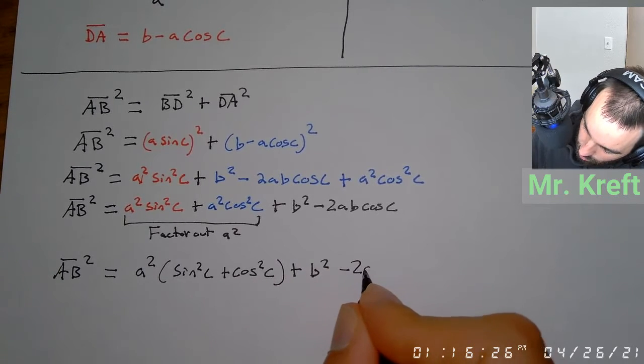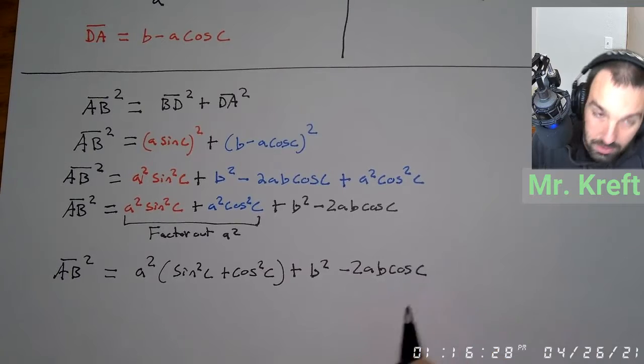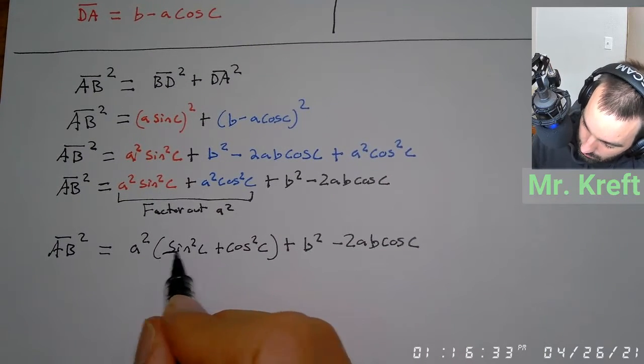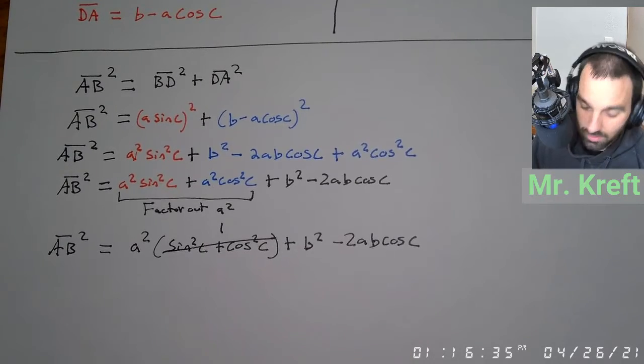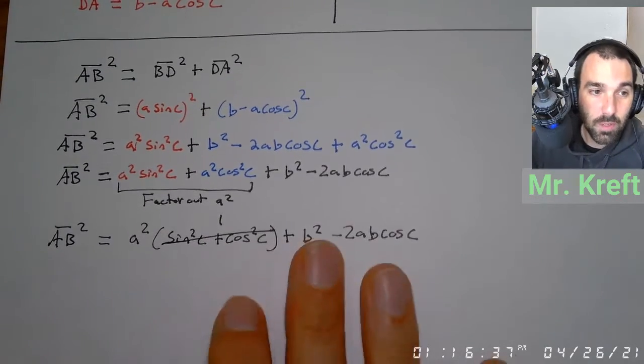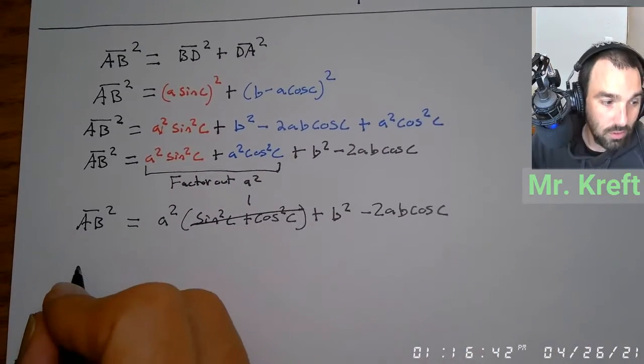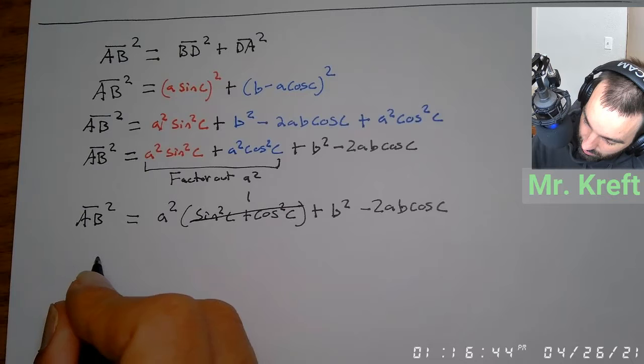Plus B squared minus 2AB cosine C. Well, guys, Pythagorean theorem, what does this equal? That's just 1. And then we have to remember at the very beginning, segment AB is also little c, and this is where we get the law of cosines.